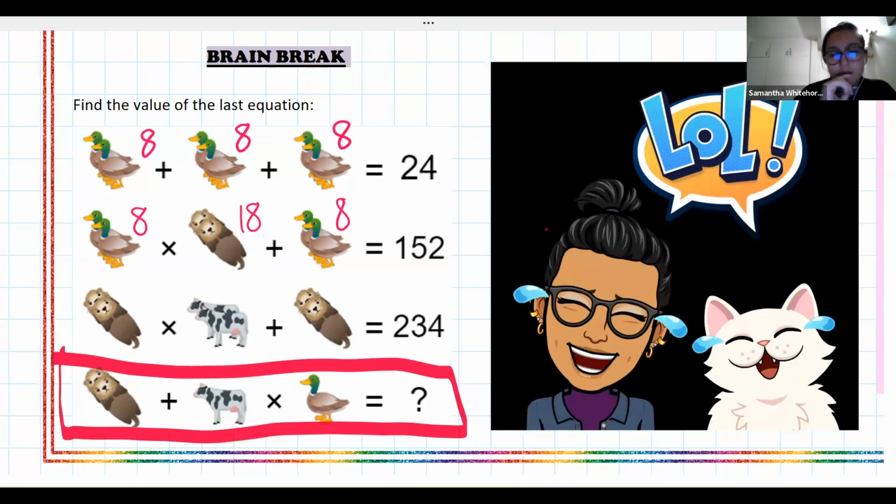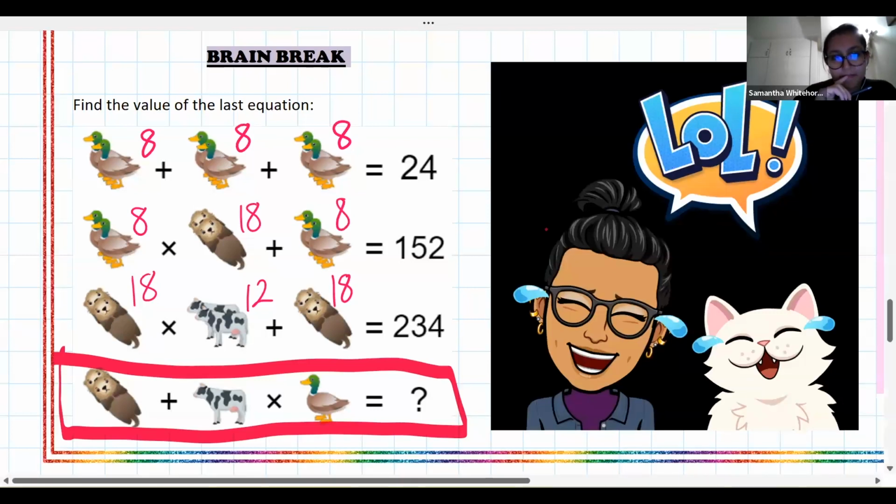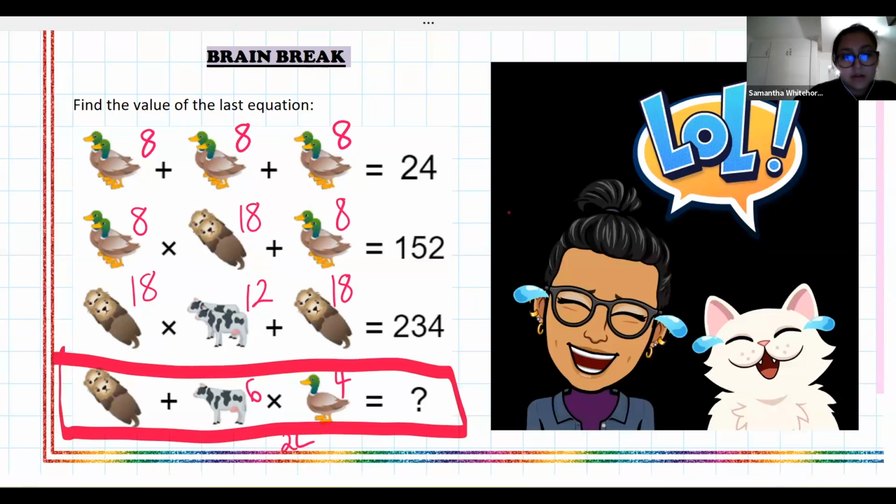Good. And then the next one, it is 18 multiplied by 12 plus 18.